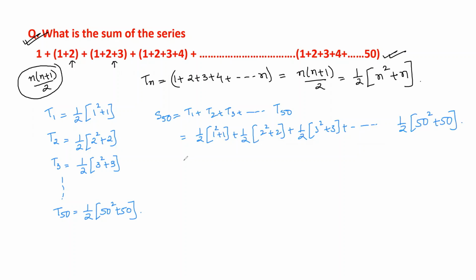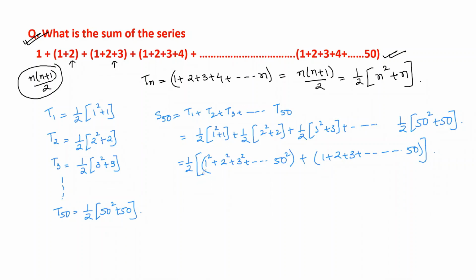From all these terms, we can take 1 by 2 common, and we can rearrange these numbers as 1 square plus 2 square plus 3 square till 50 square plus 1 plus 2 plus 3 plus 4 and so on till 50.